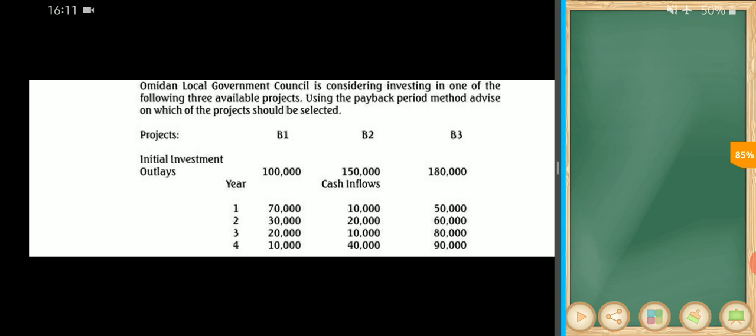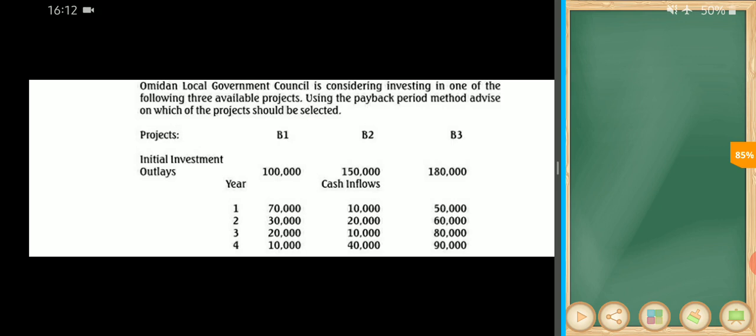Like for this place now, your payback period will be 2 years and some months. And how do we calculate these 2 years and some months? We calculate it simply by taking the initial amount left. Like in this B3, I said that year 1, when we remove 50,000, we are left with 130,000 to recoup. At year 2, when we remove 60,000, we are left with 70,000 naira to recoup.